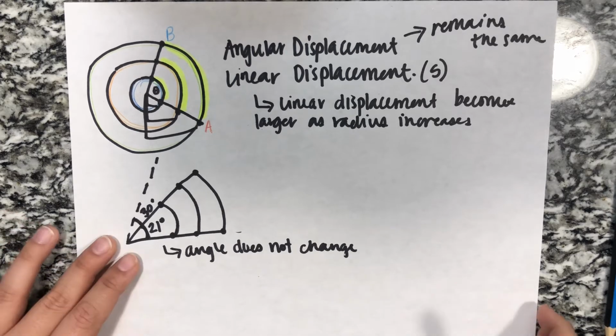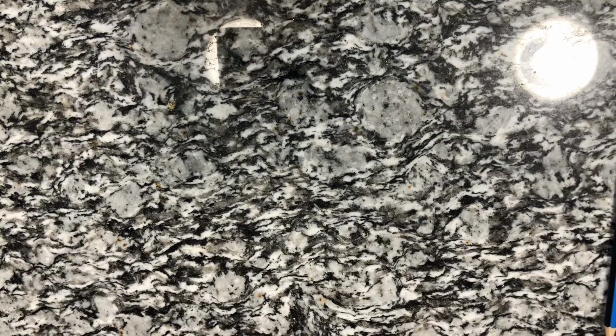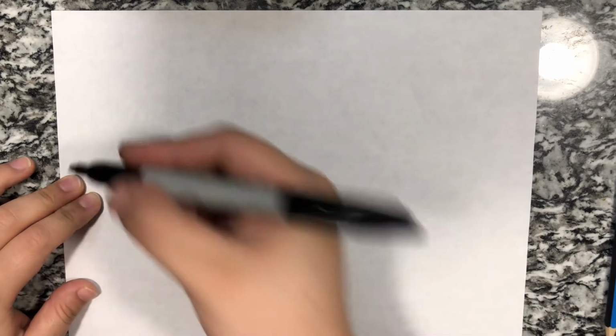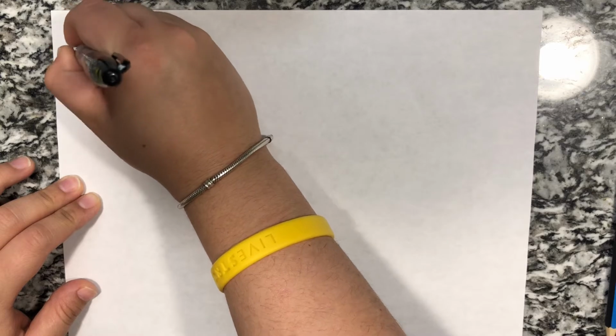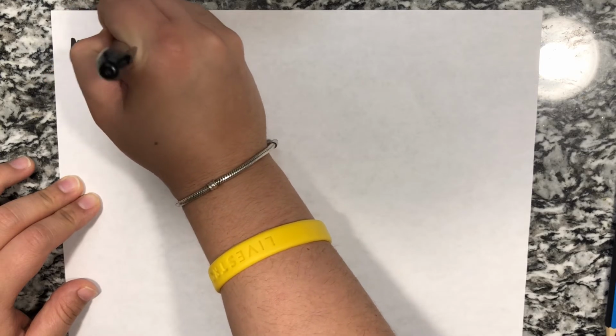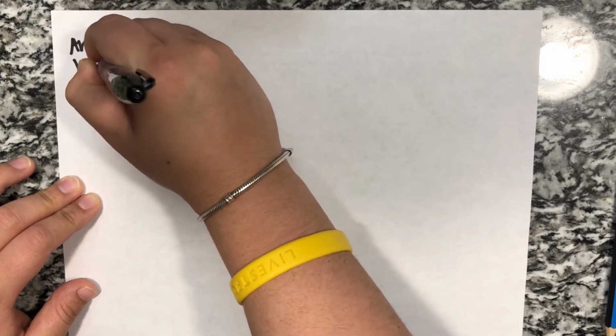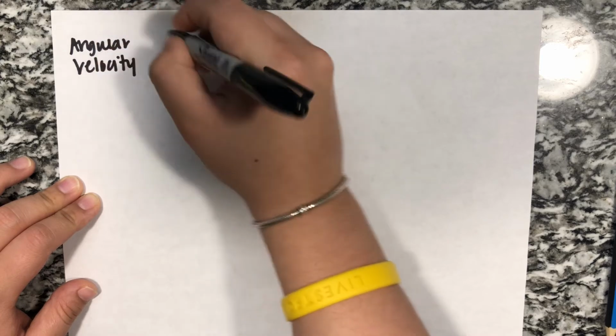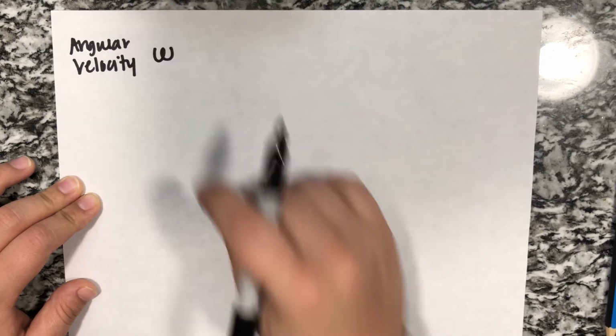Okay, so I introduced you guys also to angular velocity and angular acceleration on Tuesday, but I'm just going to go over those two terms again. So angular velocity, I told you guys in the last video, was described by the variable omega, okay?